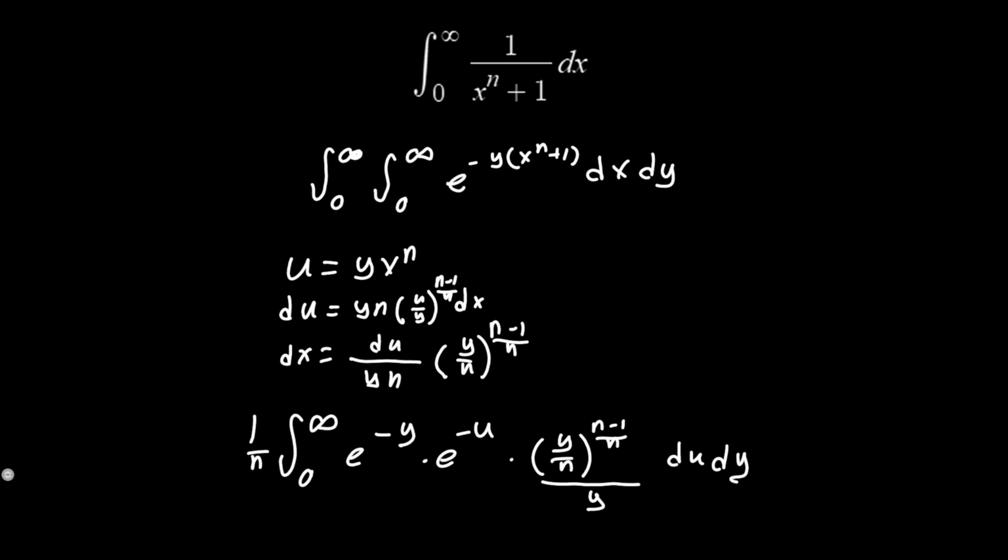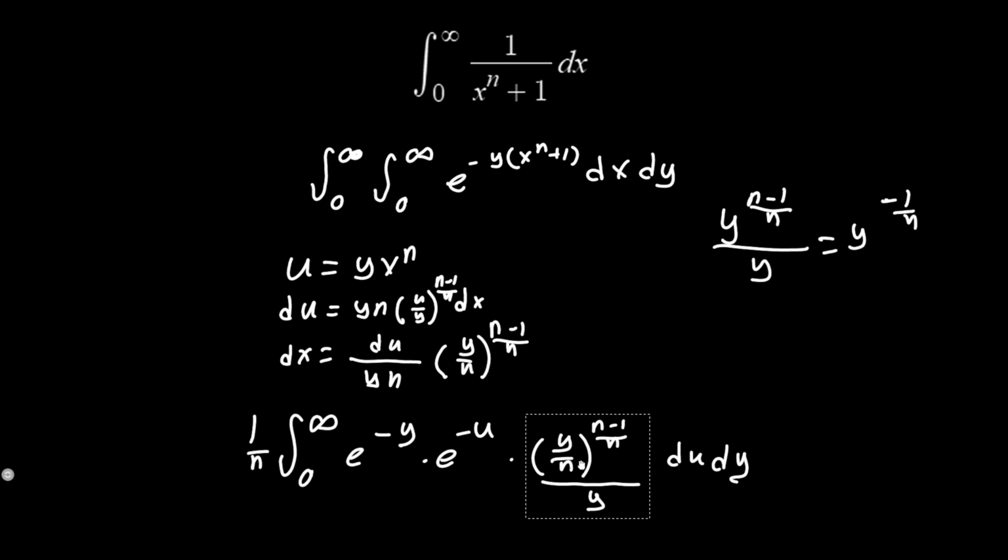Okay, so we're going to simplify this expression right here because we know that y to the n minus 1 over n over y is just going to be equal to y to the n minus 1 over n minus 1, which is going to be n over n. So the n's cancel out, leaving minus 1 over n.